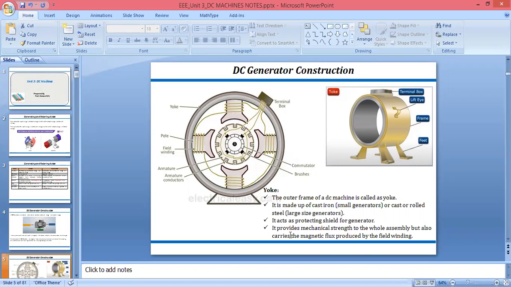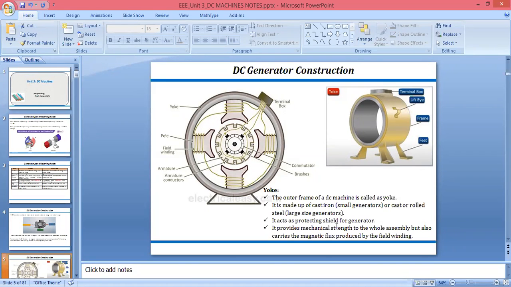Again, if you see, it provides the mechanical strength to the whole assembly, but also it will carry magnetic flux produced by field winding. If you see here the structure of pole, on pole we are using a coil. If you see, we are using winding, and if there is a concept of winding, there will be EMF introduced. Why?